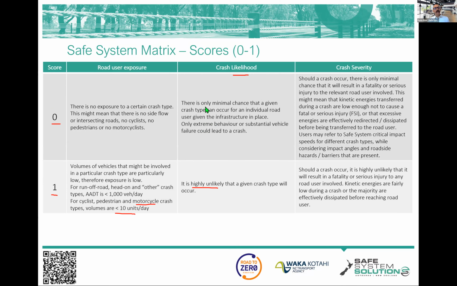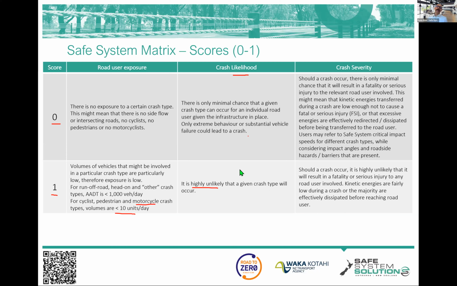For likelihood, to get a 0 is almost impossible. There is only minimal chance that a given crash type will occur for individual road users given the infrastructure in place. Only extreme driver behavior or substantial vehicle failure could lead to a crash.